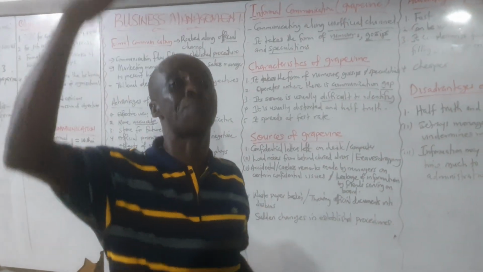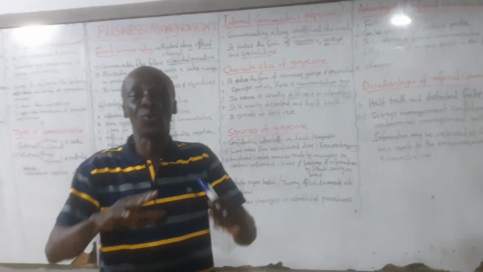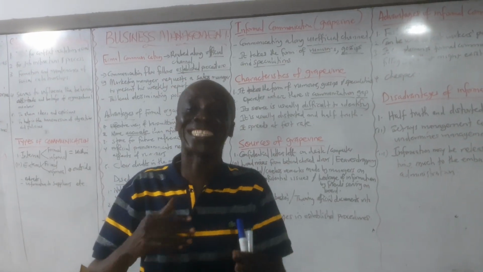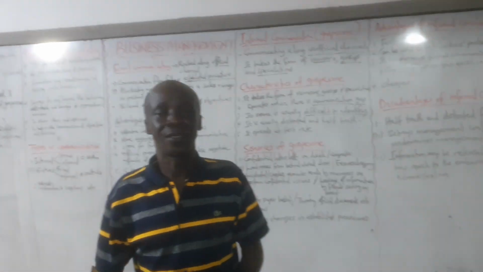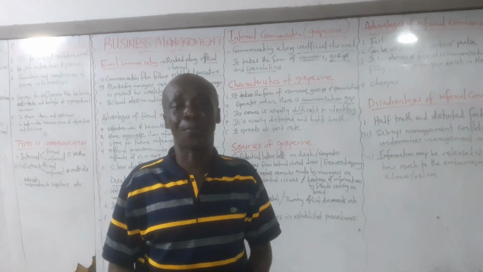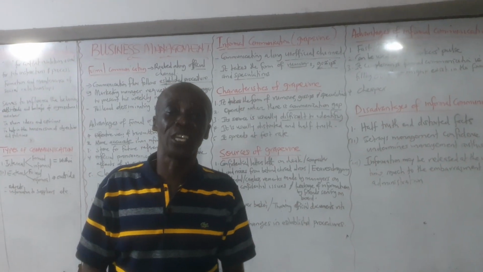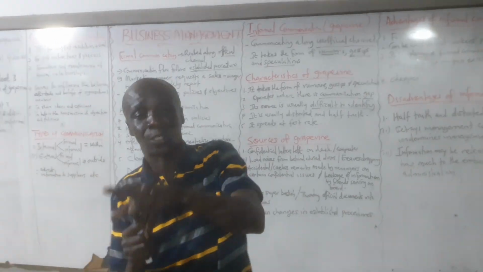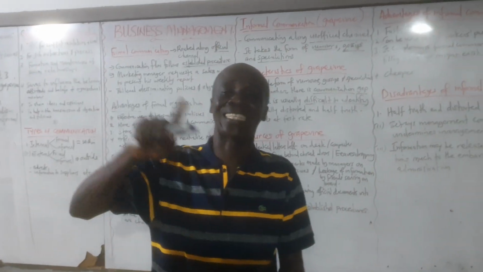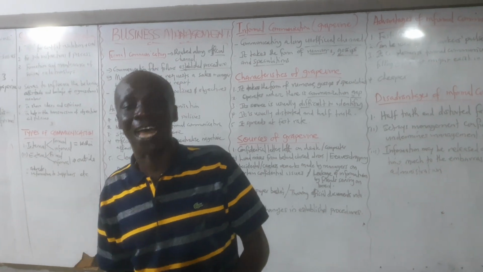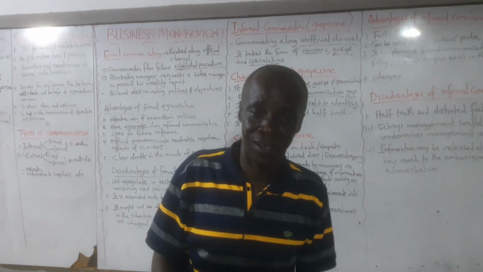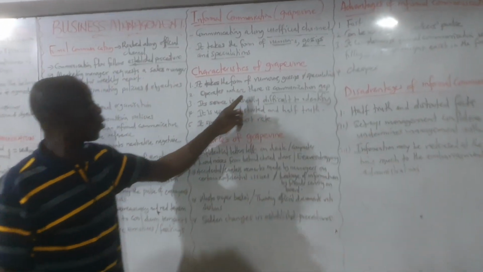There is anticipation. People look at situations and then they anticipate. They speculate. For example, there is a sudden change in established procedure and people speculate that because this thing has happened, it follows that this is going to happen.